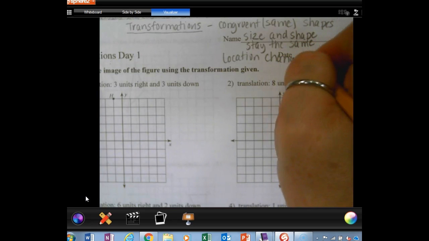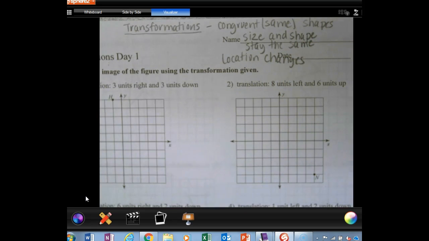I'm sorry, I'm trying to write where there's room. So the location changes. Write that down. I need you guys to have that in your notes. Okay, so the transformations that we're going to learn will always keep a congruent or same shape. The size and the shape stay the same. The only thing that changes is the location.